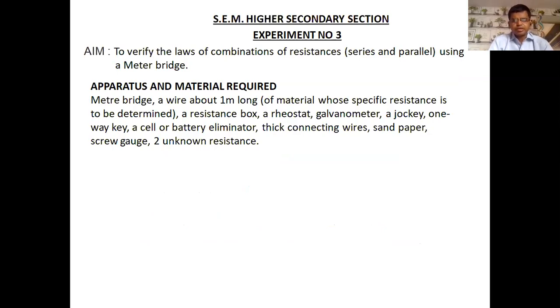This practical requires materials. We use the same setup as in the second practical: a meter bridge, galvanometer, jockey key, simple key, rheostat and batteries. So in the third practical it is the same. The only difference is that we use two different R values, R1 and R2.